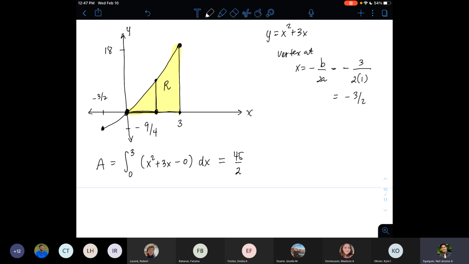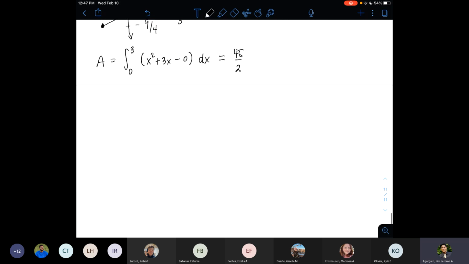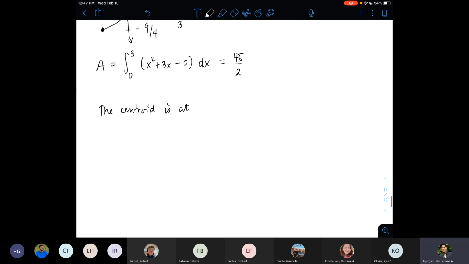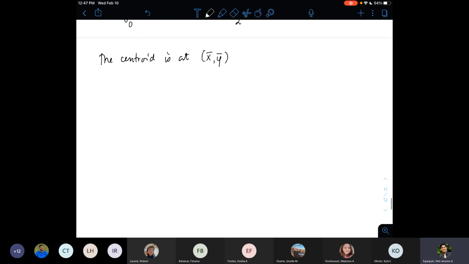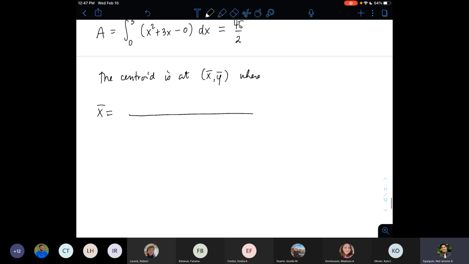So that's the area. So for x bar and y bar, there would be a 45 over 2 in the denominator. Now the centroid is at x bar, y bar. Where x bar is equal to, remember it goes with the area in the denominator. So let's put 45 over 2 there. Then integral from 0 to 3 dx.